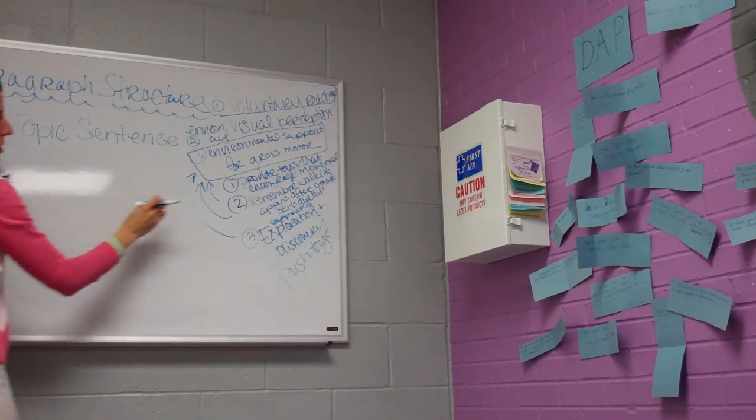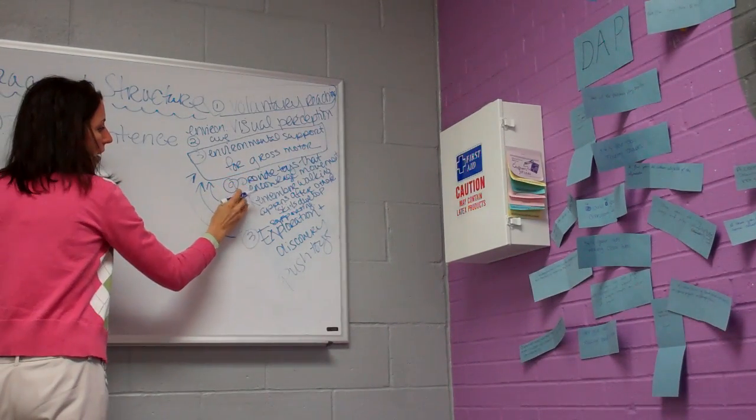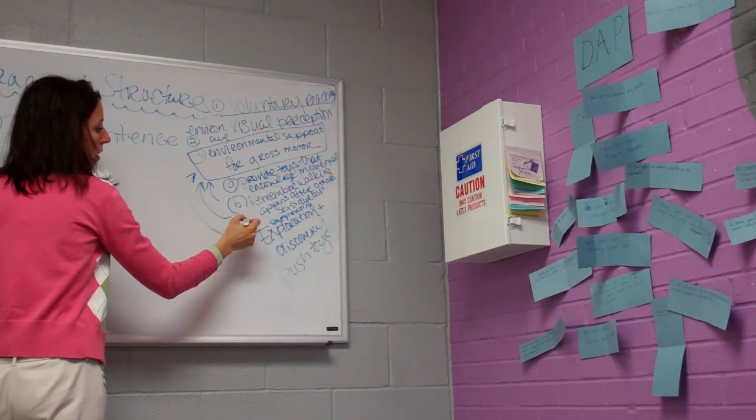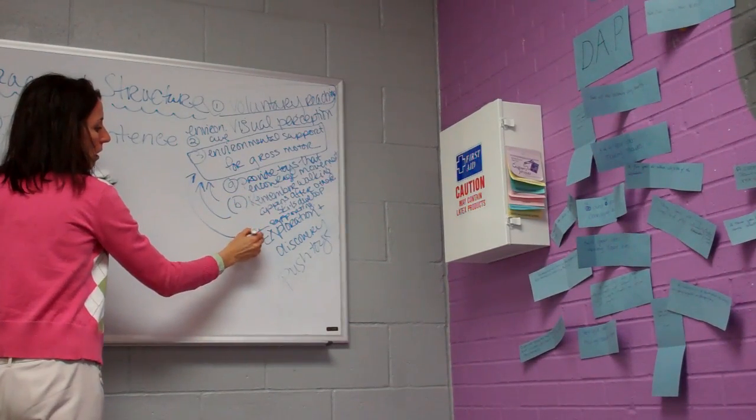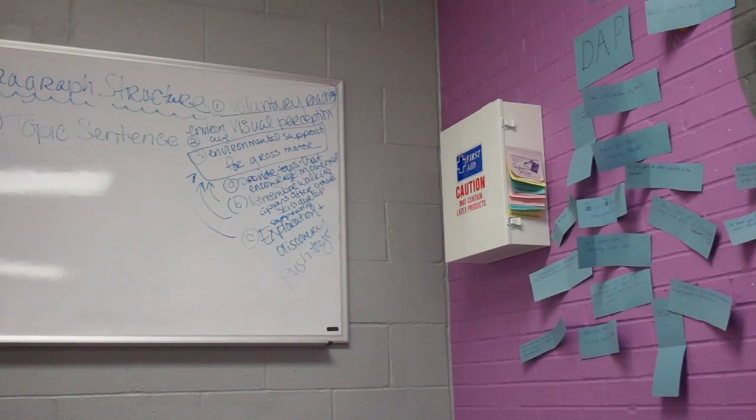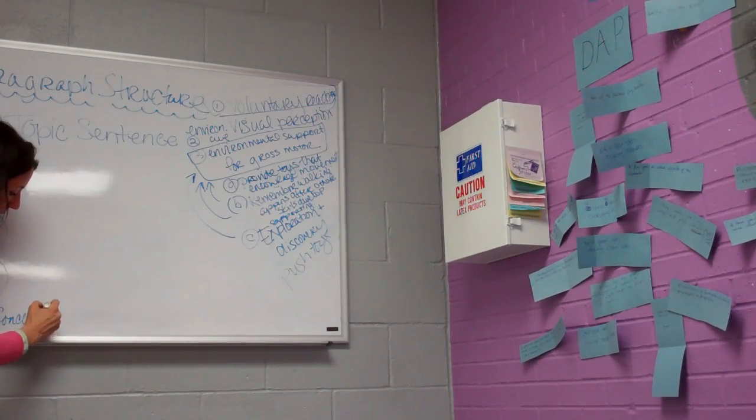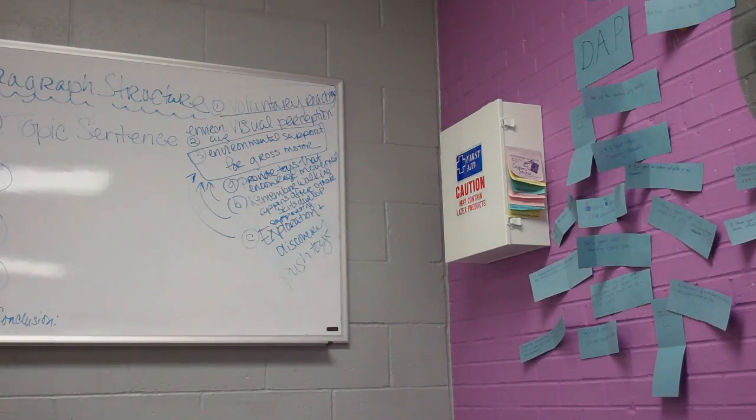So maybe I'm actually going to call this A. This can be B. And this can be C. Sentence 2 is A, sentence 3 is B, 4 is C, and then 5 is my conclusion. I'll talk about that in a minute. And those will be my 5 sentences.